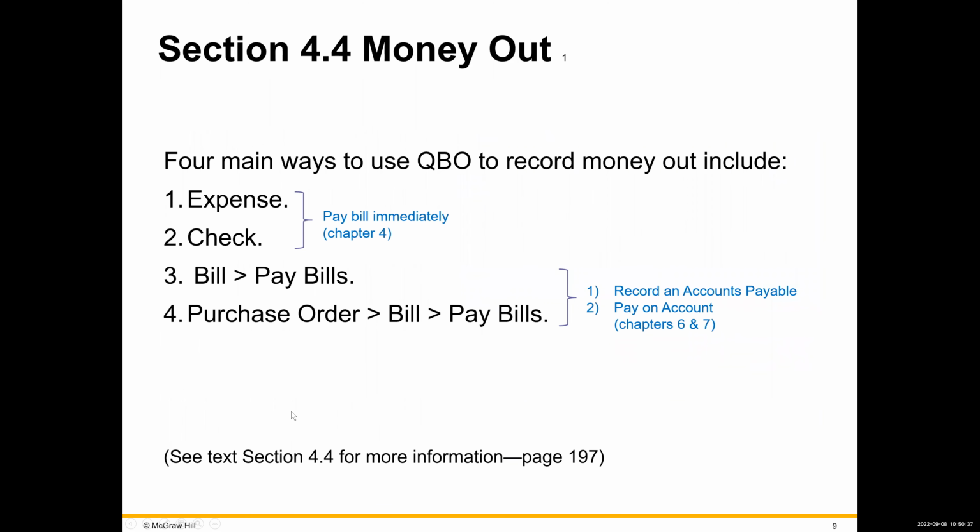Now, there are 4 main ways to use QuickBooks to record money going out. And we're going to focus in on the expense form and the check form. These two we'll be doing in later chapters. The expense form is the most versatile form, because you're going to pay something right away, immediately, and you can pay it with a check, you can pay with a credit card, and that type of thing.